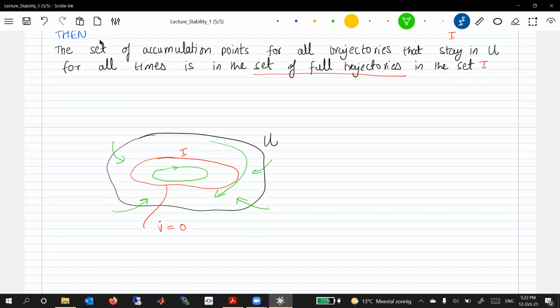So this should be, for instance, a periodic orbit is a full trajectory. Then we know that all trajectories that are in U, that stay in U forever, would eventually end up limiting towards or accumulating towards this trajectory, which is contained inside I.